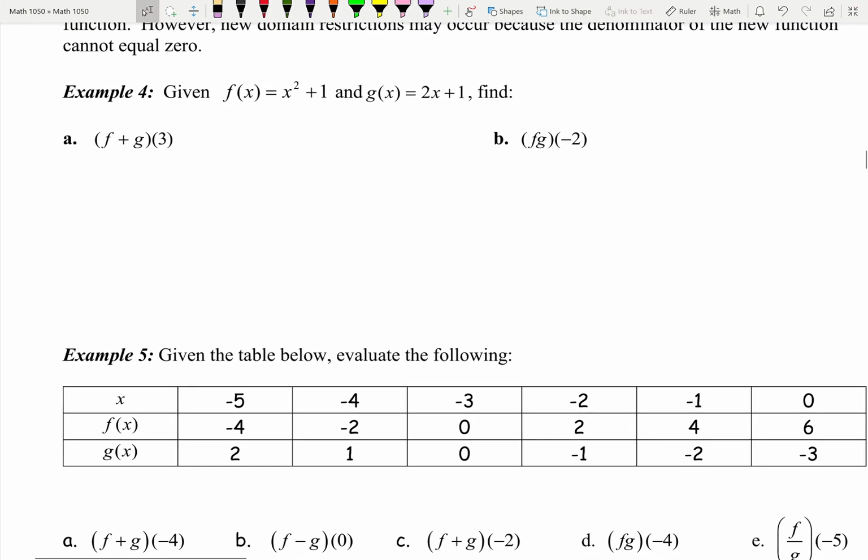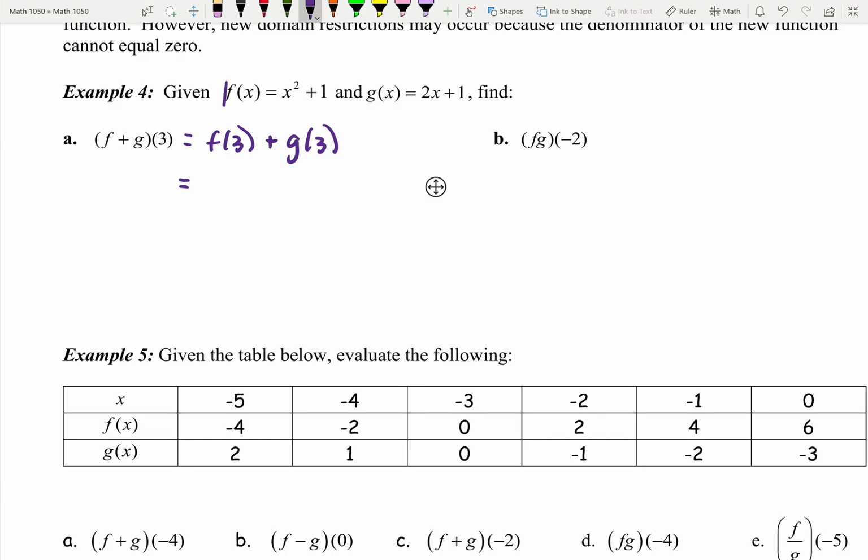Here's your f of x, here's your g of x. Find the following things. Okay? Well, the first thing I need you to know is this right here, f plus g of 3, means find f of 3 and then add it to g of 3. Okay? If you want to, you can just put it all in one line. Okay?